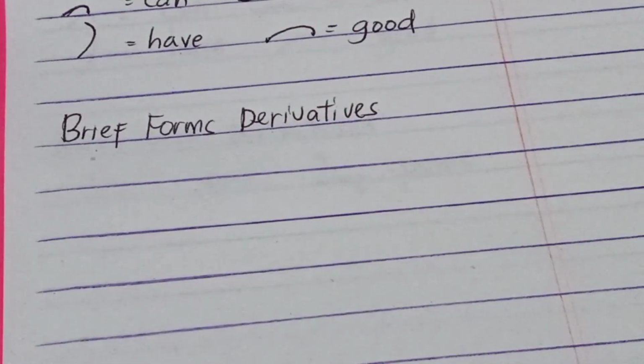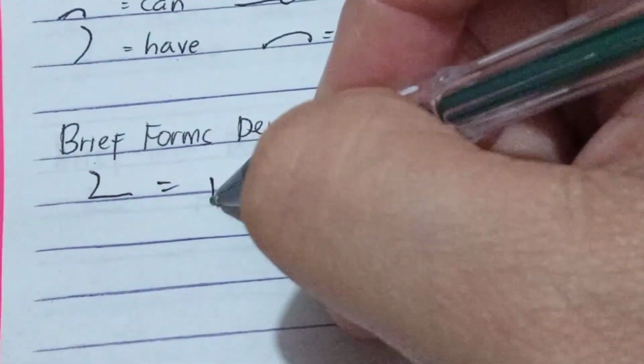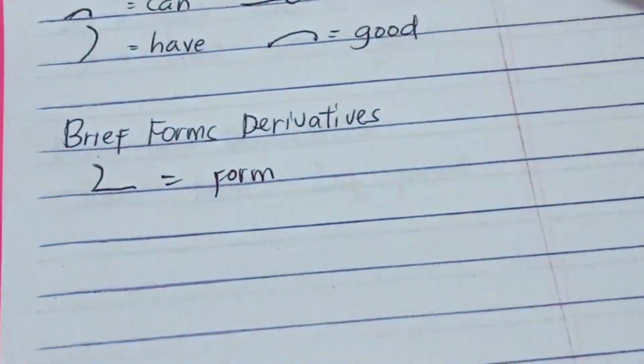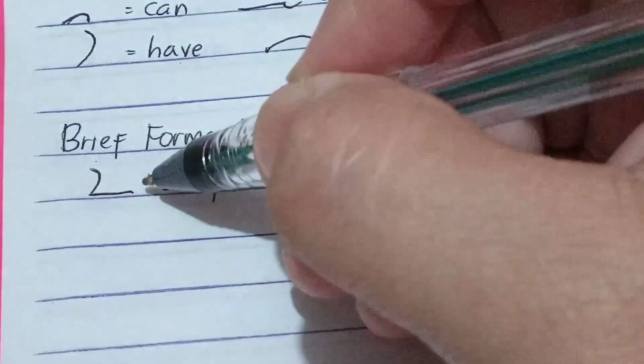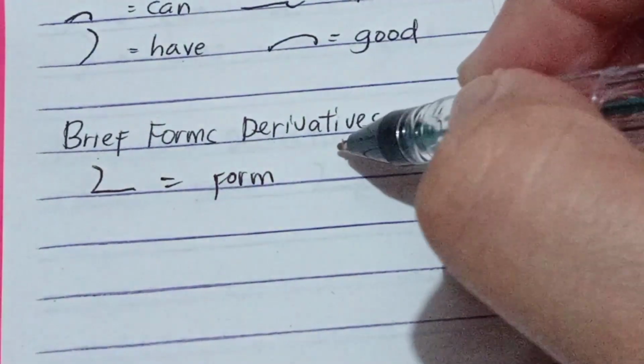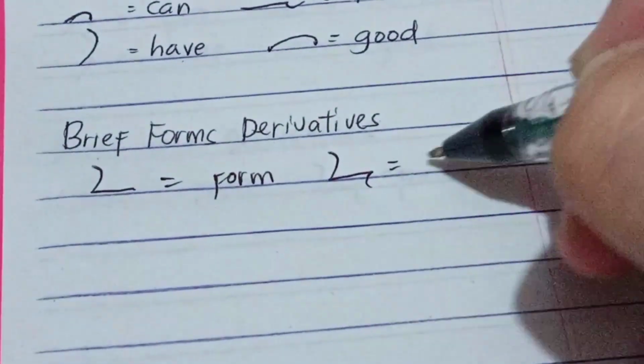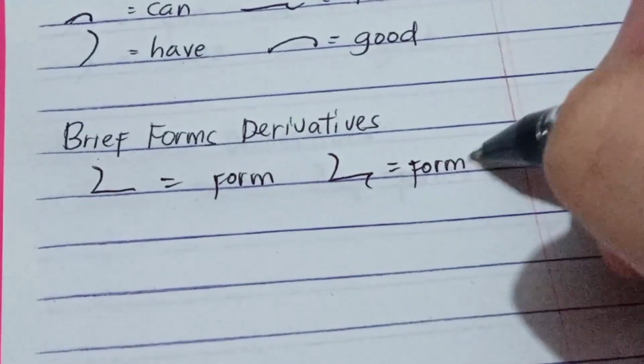Okay, examples po ng ating mga brief form derivatives. Just like, halimbawa, if I write yung word na for, no? Lagyan po natin ng M. So, ito po ay nagiging form. Okay? So, ito yung for. Then, we add symbol M. It's already form. So, if I write for M, then S, so it is already forms.